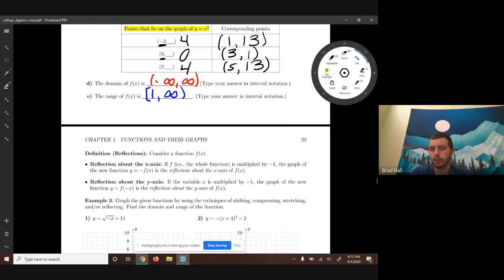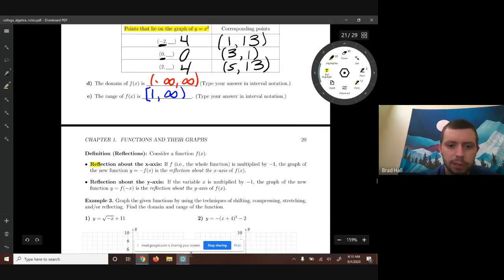If you have some function up here and you want to flip about the x-axis, it would end up down here. And similarly for the y-axis. But how does that translate algebraically? And its algebraic translation is provided by the criteria below.